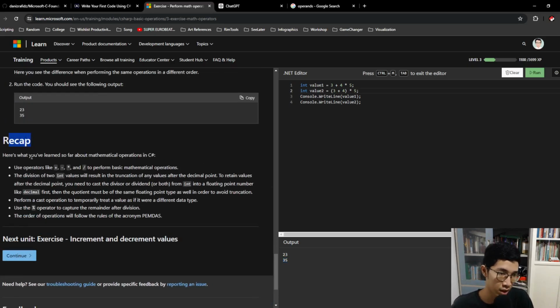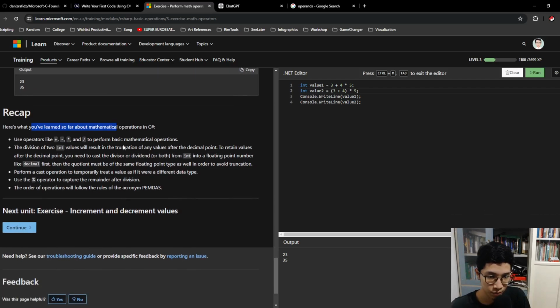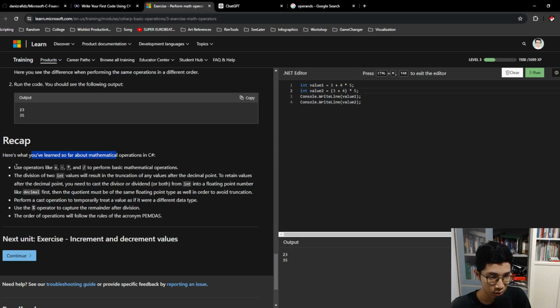Recap. Here's what I have learned so far in this unit about mathematical operations. Use operators like plus, subtraction, multiplication, and division to perform basic mathematical operations.